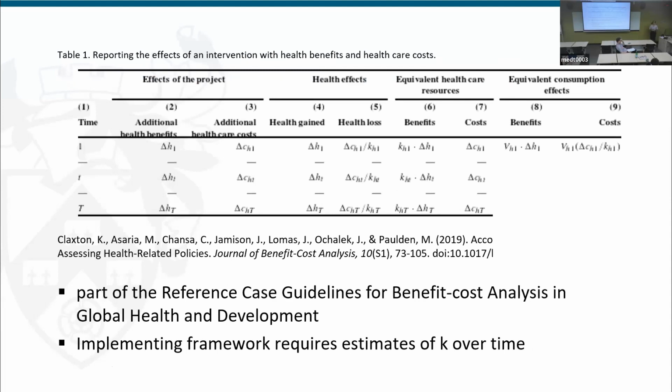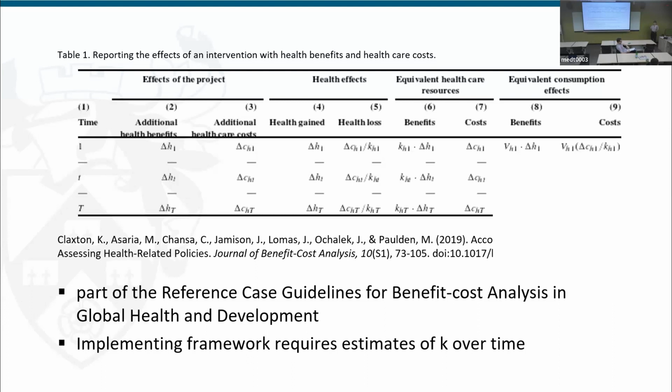So there was a framework developed as part of the reference case guidelines for benefit cost analysis in global health and development, which was funded by the Bill and Melinda Gates Foundation, which recommends extensive reporting of the time streams of health benefits and costs over time.